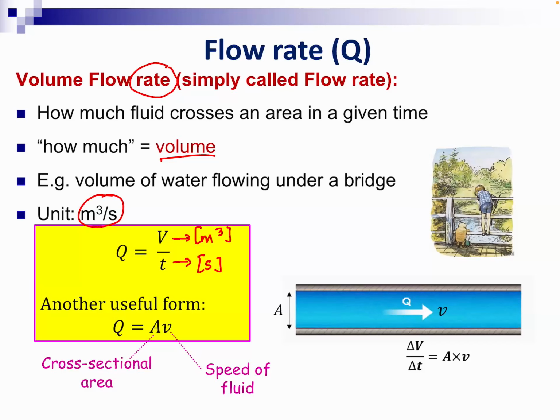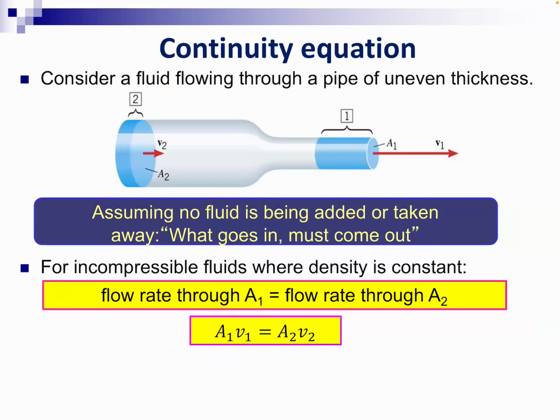Ideally, in the most ideal case, the fluid is just flowing through a constant cross-sectional area. But in reality, sometimes the cross-sectional area can vary while the fluid flows. An example is shown in this figure here.